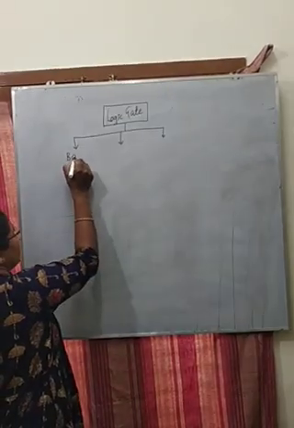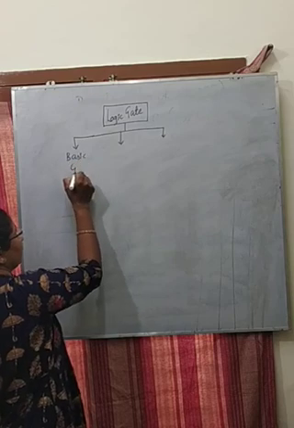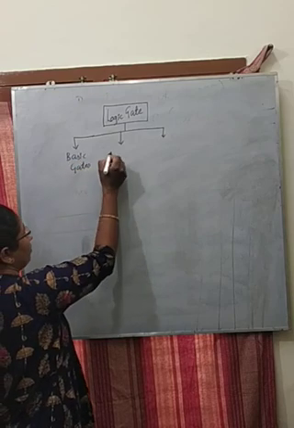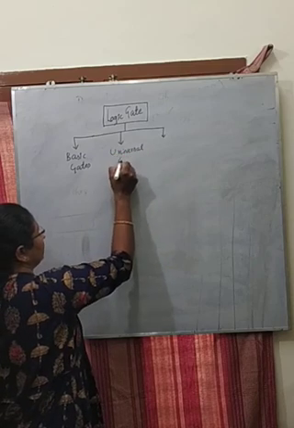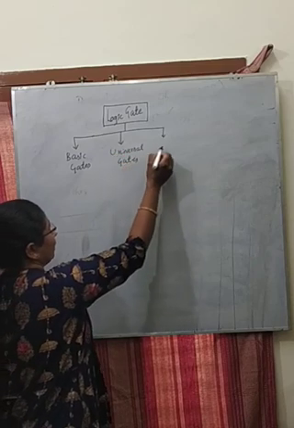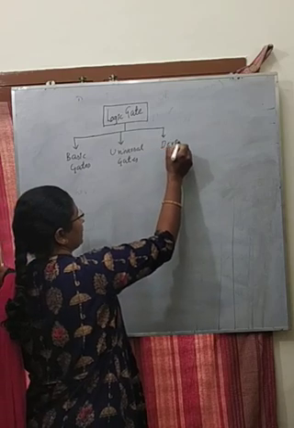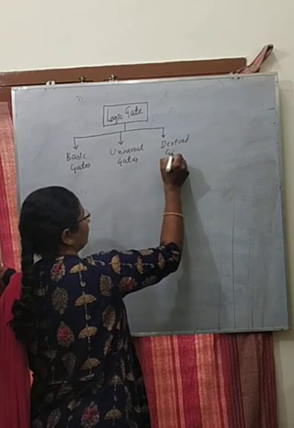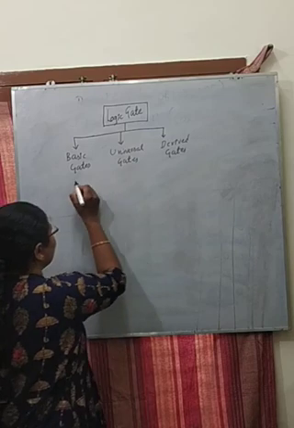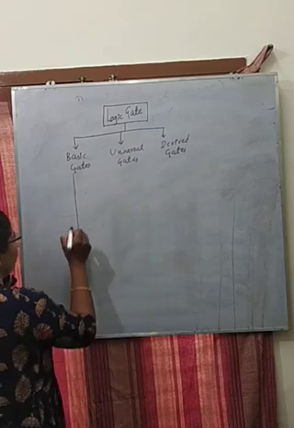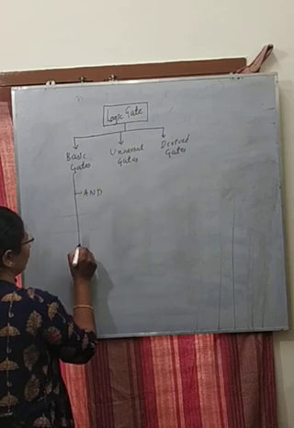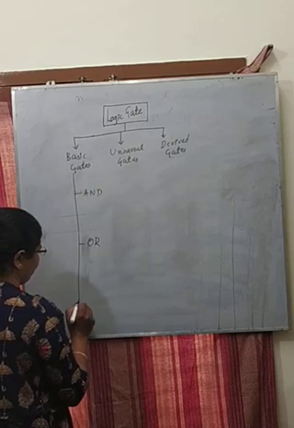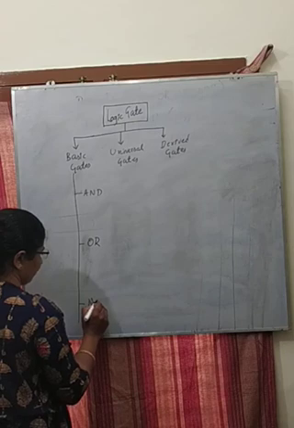What are the basic gates? That is also possible for 1 mark. What are the universal gates? Then what are the derived gates? What are the basic gates? AND gate, OR gate, NOT gate.